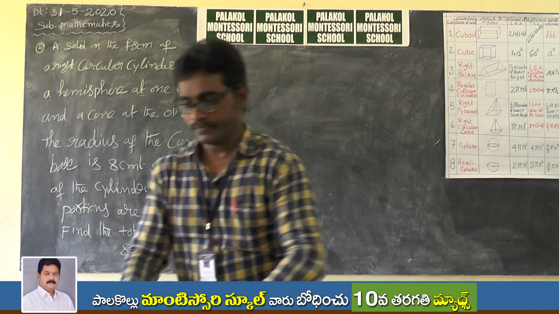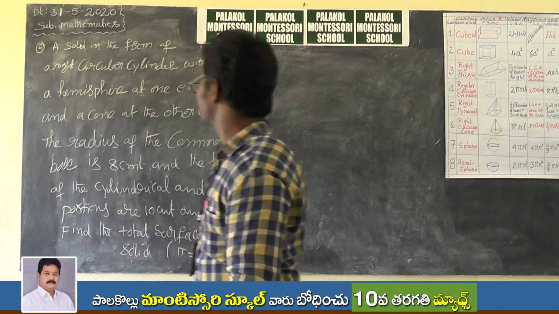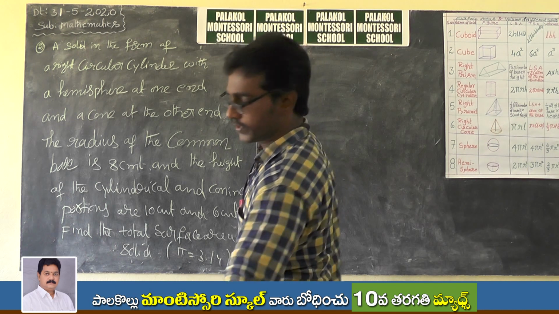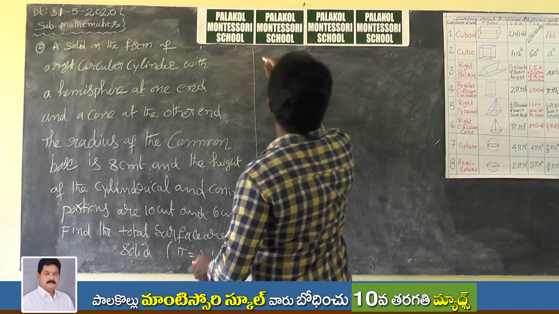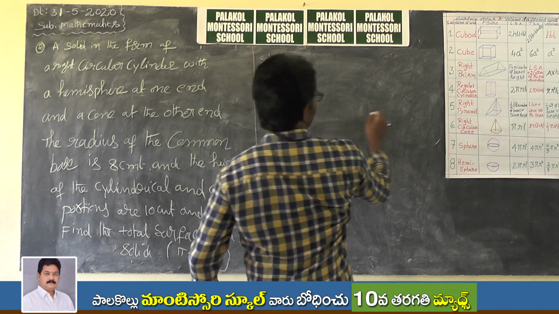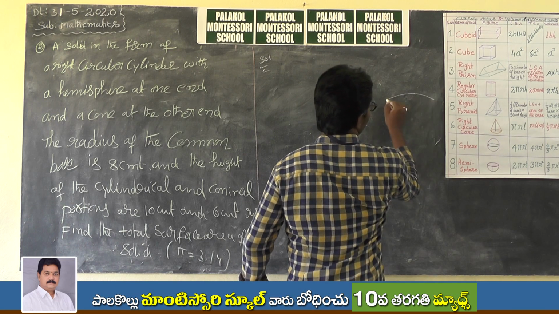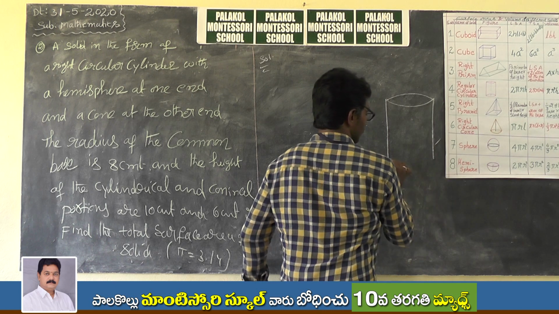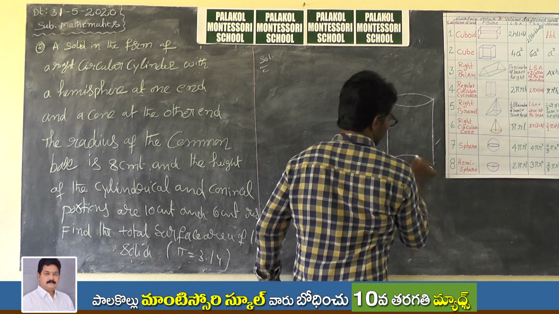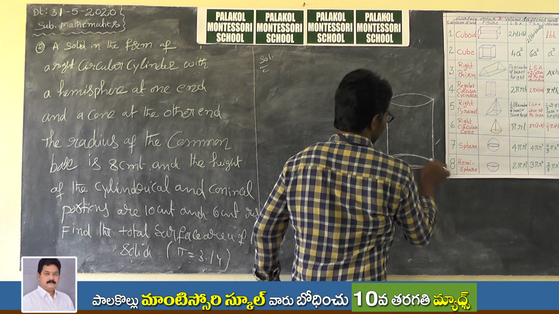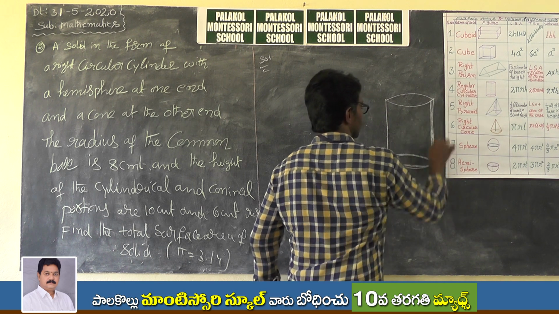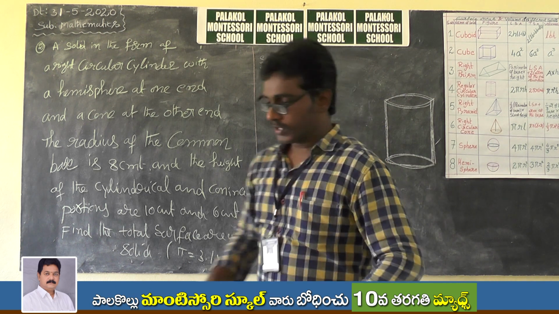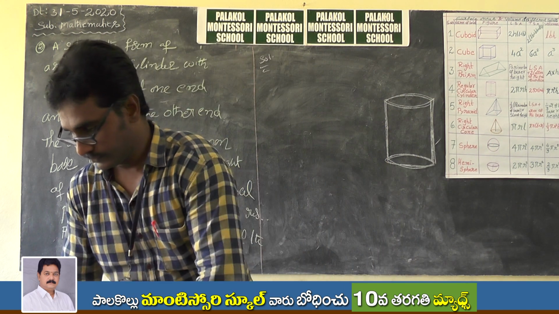Okay? See. First, I draw the diagram, a rough diagram. That is better. So, I draw the diagram, see. This is a cylinder. White color is the cylinder. One more color is applied here.